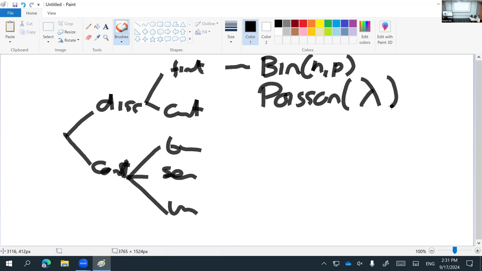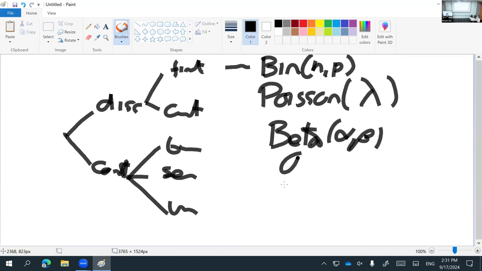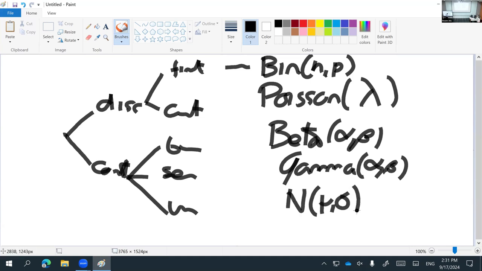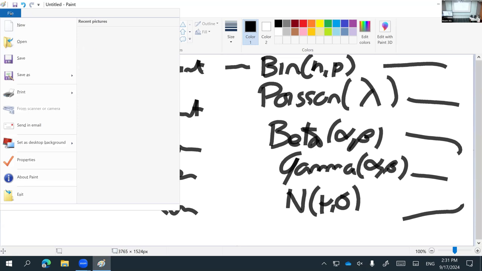Don't worry about it. Beta, gamma, normal. That's it. In theory, there are many more, and altogether about 300 of them, let's say.